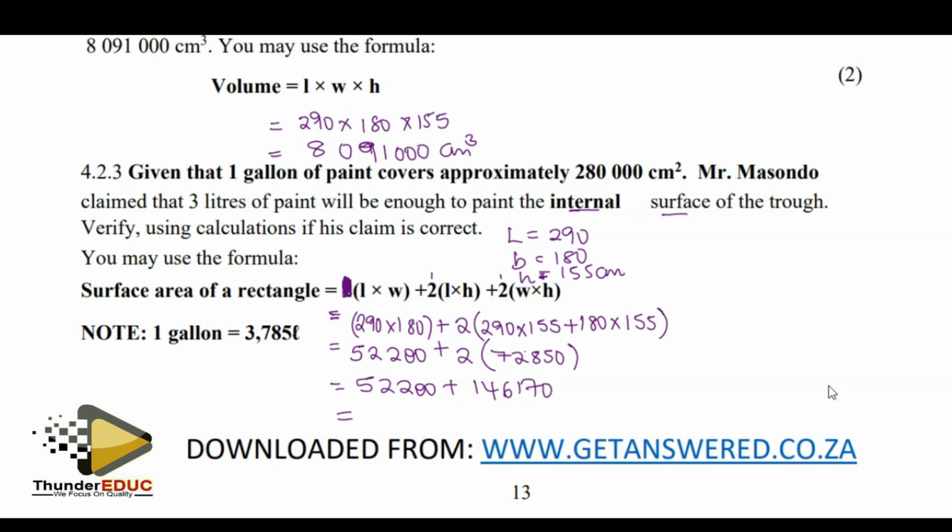So the total area that we need to cover here is supposed to be 198,300. What?